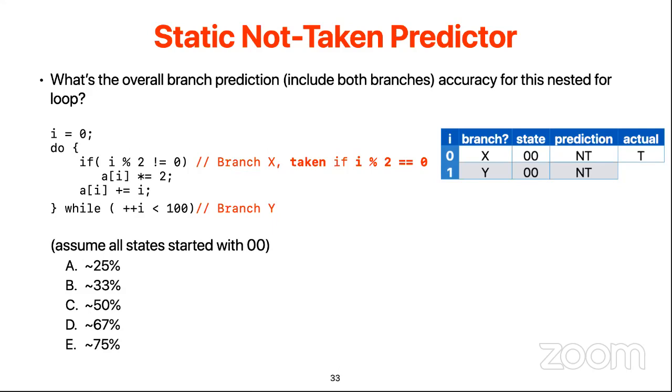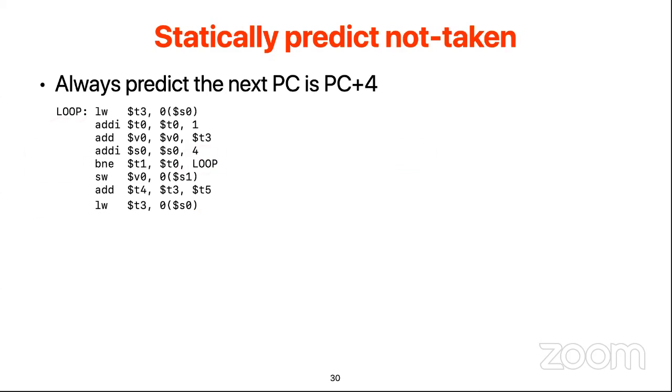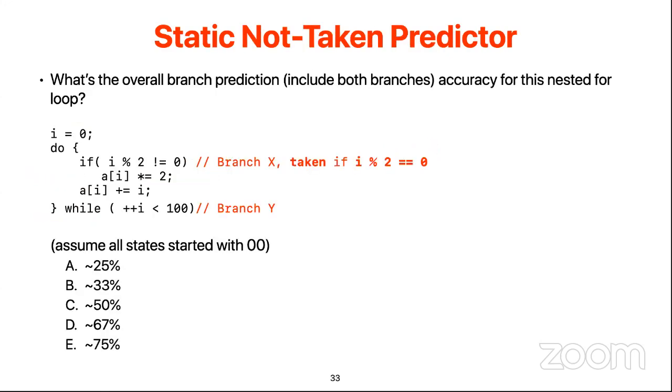It would be not taken for a while loop. Why? Well, in assembly language, don't you set up loops to have the condition that is the inverse? So if it's in a loop, is it taken or not taken? Look at the previous example. If it's the loop, is it taken? It would be taken.